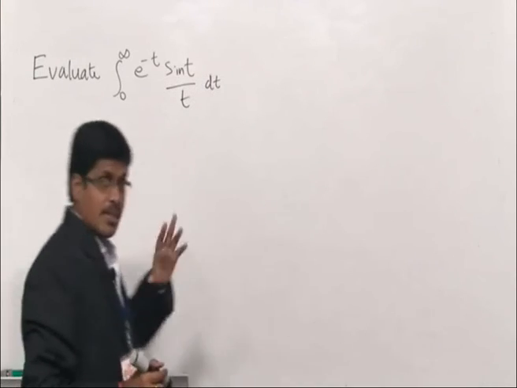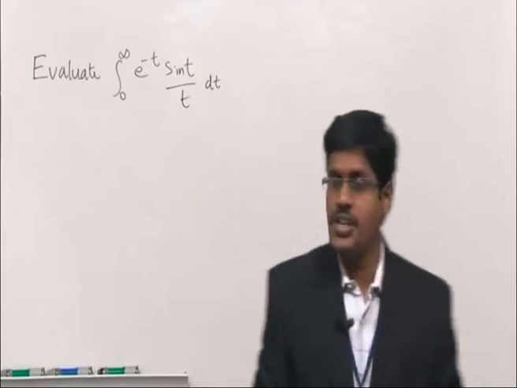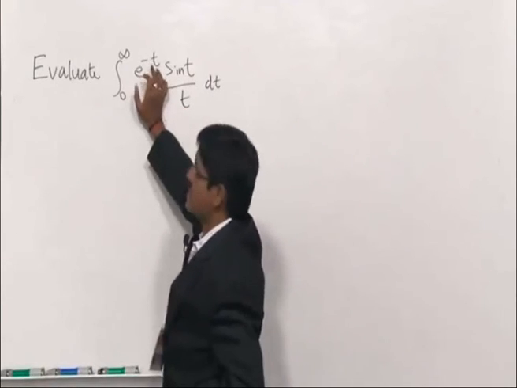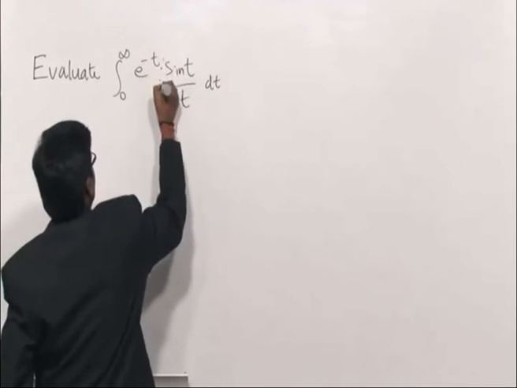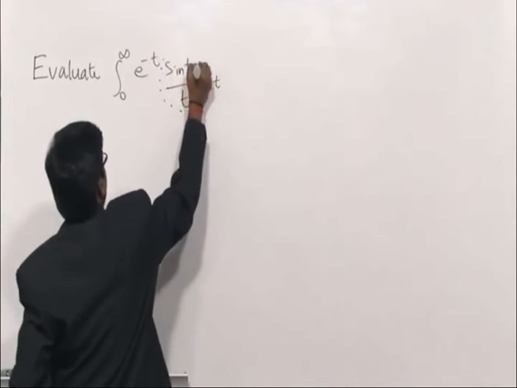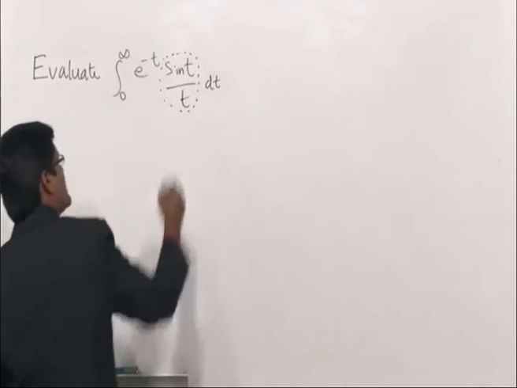So 0 to infinity means that is the Laplace transform definition, 0 to infinity. And then the next term, see e power minus st, comparing with that. So this term is taken to be f of t. Here I am not asking the Laplace of this function. I am evaluating this integration value.